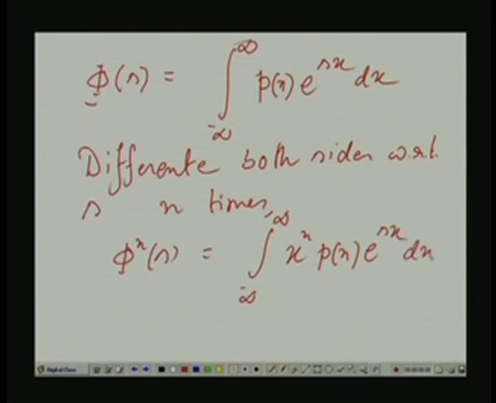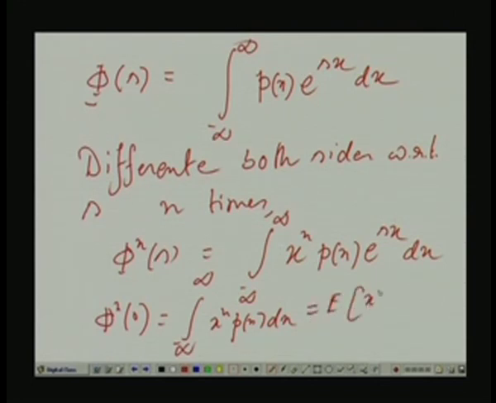then what happens? If s equal to 0, this becomes 1, and you have got this quantity, which is nothing but the expected value of x to the power n, which is the nth order moment. That is why this function is called the moment generating function.